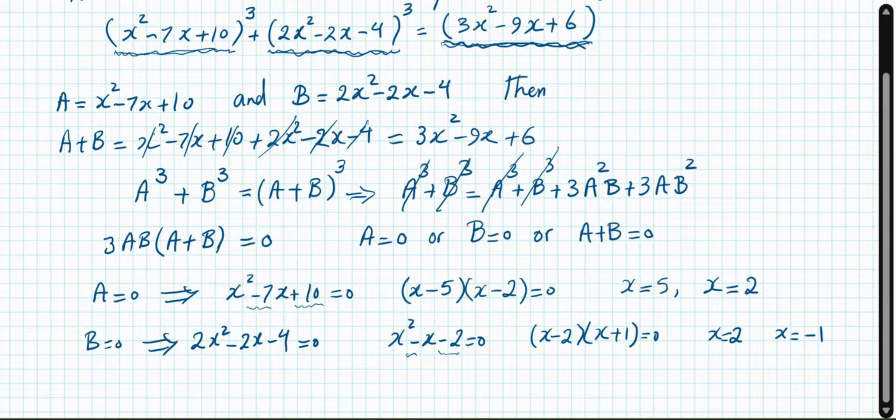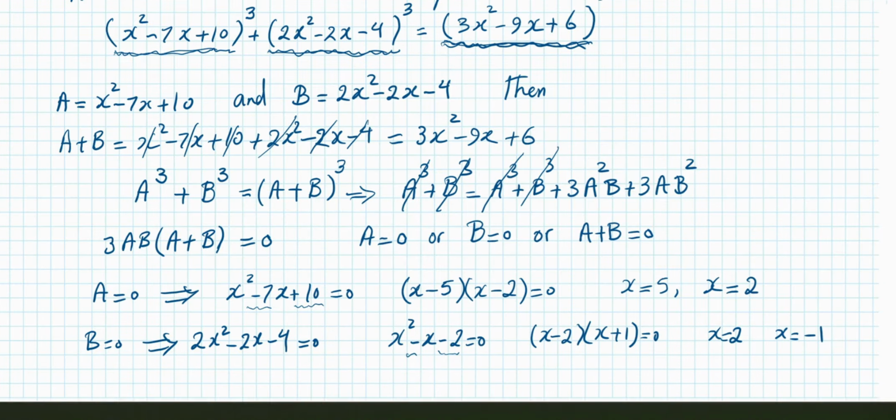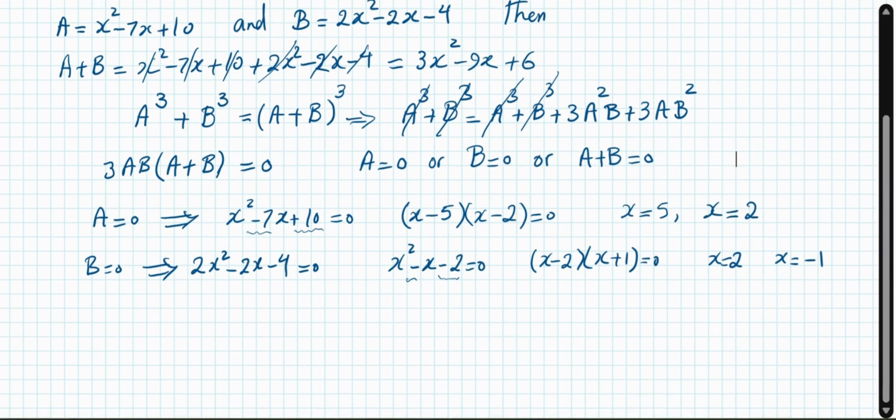And A plus B is 0, and that would be the left-hand side of the equation. So A plus B is 0.